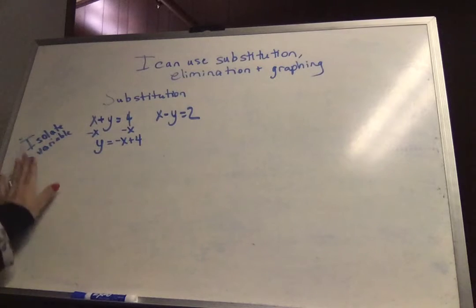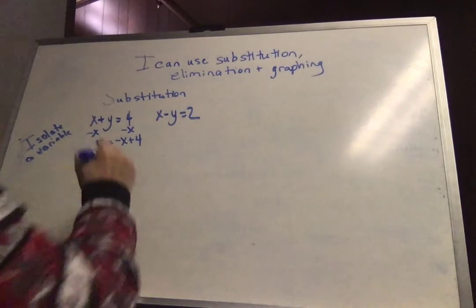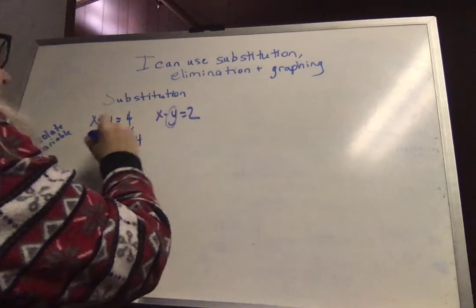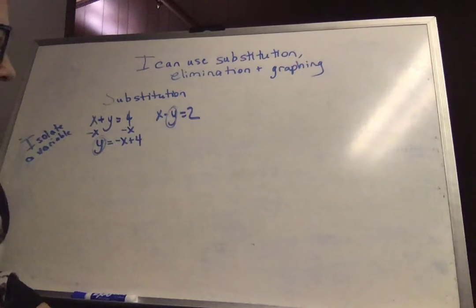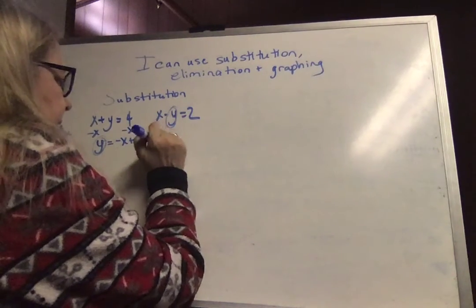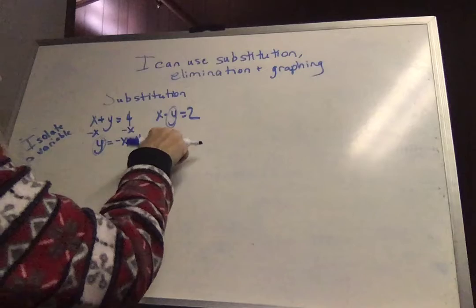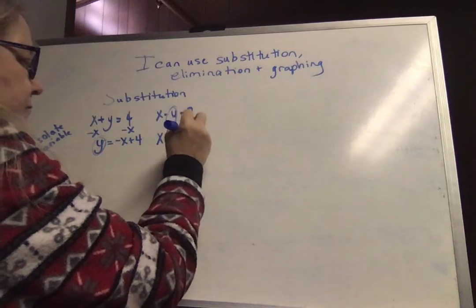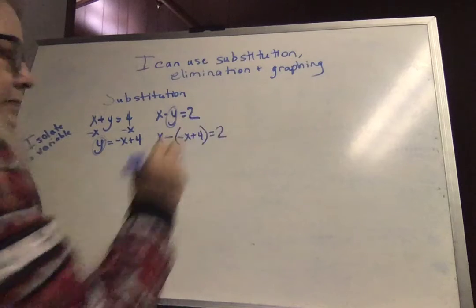Okay, once you've isolated it, you take what it equals and replace that in the other equation. So I'm going to replace this y with what y equals. In the equation x minus y, instead of writing y, I'm going to write what y equals: x minus, negative x plus 4, equals 2.